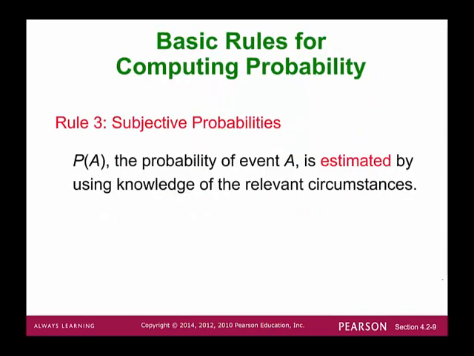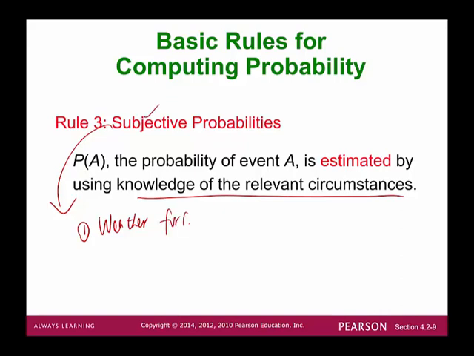And then subjective probabilities: the probability of an event is estimated by using knowledge of relevant circumstances. For example, a weather forecast. It's definitely a subjective probability. It's never 100% accurate because it's subjective. It's based on professional knowledge about the weather.